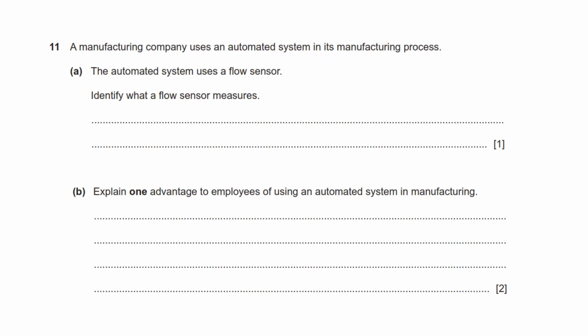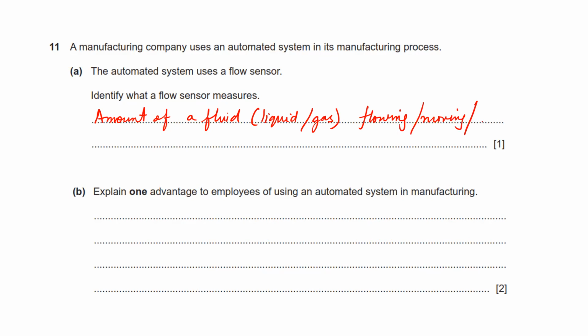So a flow sensor measures basically the amount of a fluid, usually liquid or gas, flowing, moving, or passing through a system. Okay.